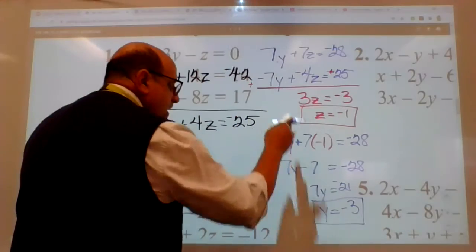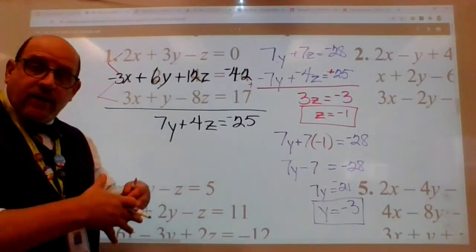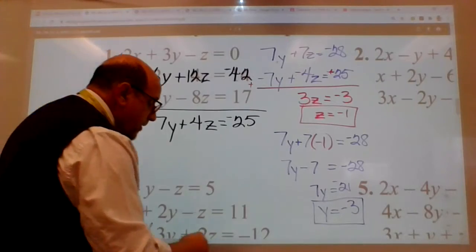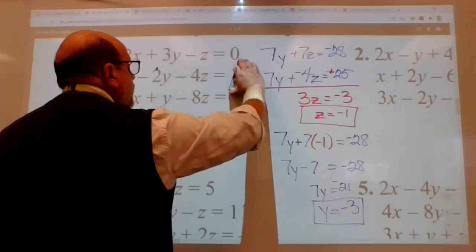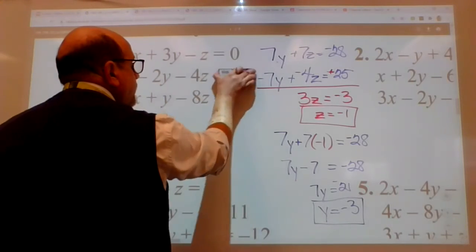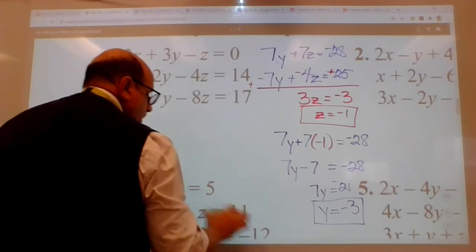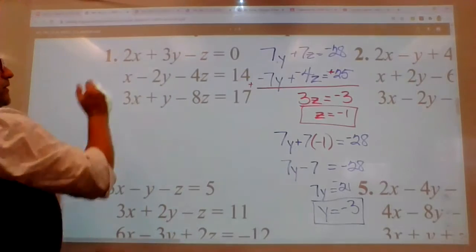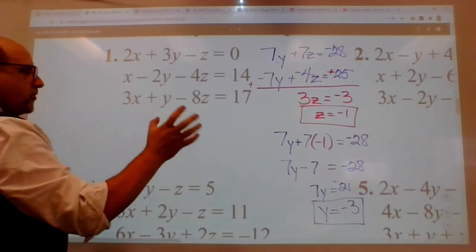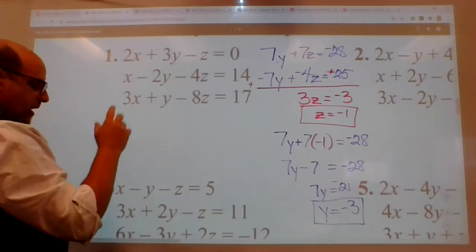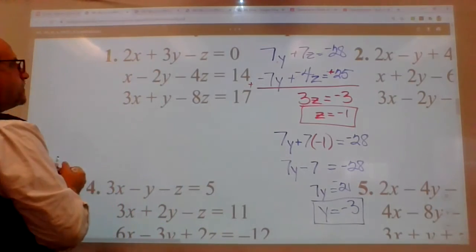I have a z and I have a y. And I just need to solve for the last variable. What I'm going to do is go back to my first original equation, the one way back up here. I could use any of these three, but just for my purposes here, I'm going to use the first one.